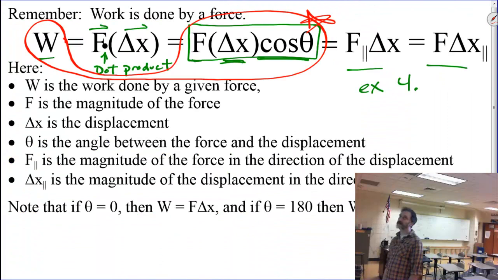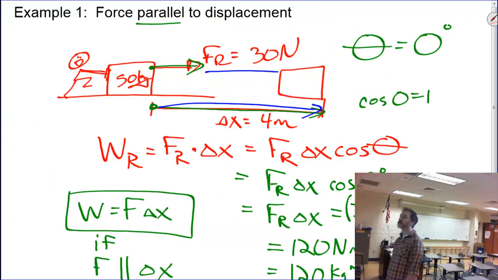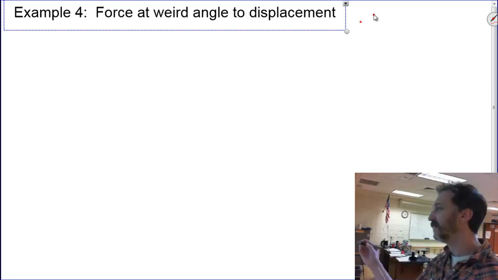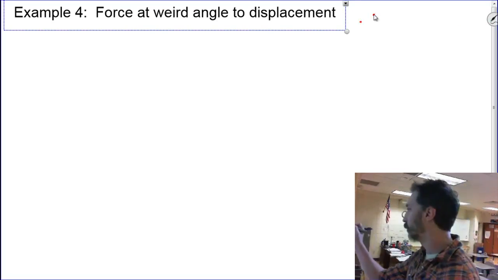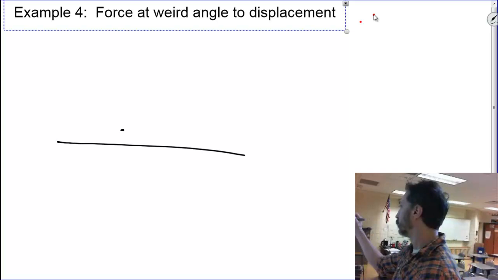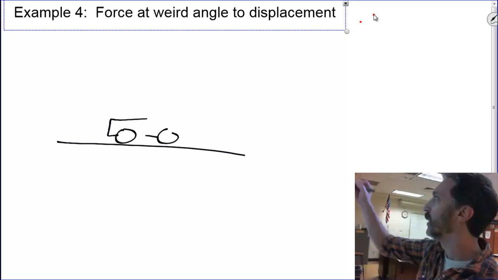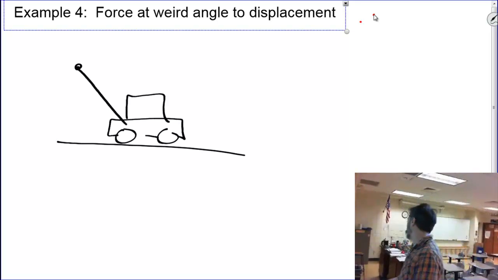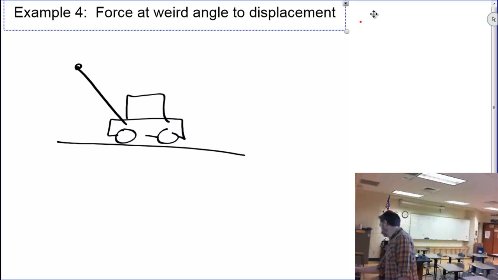All right, so finally, what happens if the force is at a weird angle to the displacement? I always do the lawnmower example. If you picture a lawnmower, here's the wheels of the mower and the motor, and here's the handle.